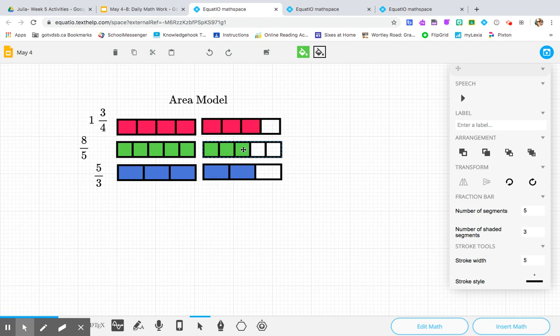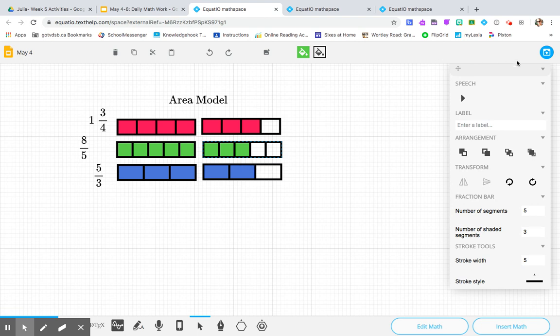It looks to me like 8/5 will be our next smallest number, followed by 5/3 and 1 3/4, but they are very close. So again, wonderful that we have this program that we can use online that is extremely accurate, but doing that by hand, it's going to be too hard to be that accurate using a sketch.